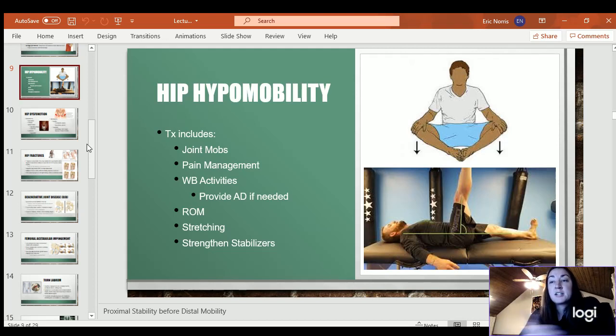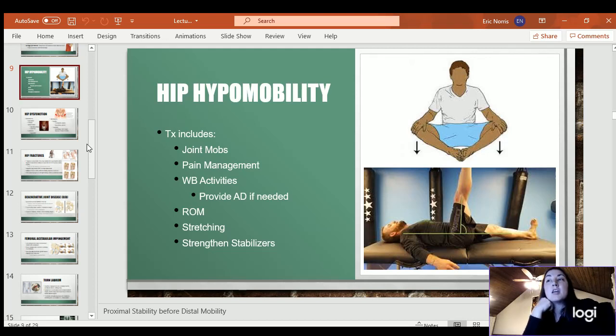as we progress through. And stretching of the area to loosen up any of the tight areas that are causing it to be restricted. Remember, the psoas and the hip flexors, those are two of the commonly tight areas that we have to loosen up in order to get more hip mobility. Of course, the piriformis as well.